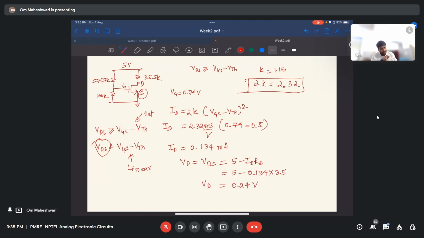So let us see the equation: VDS is 0.24, and VGS minus VTH we already know is 0.74 minus 0.5, which is also 0.24. So now what we have is VDS equal to VGS minus VTH. So this is the edge of saturation.